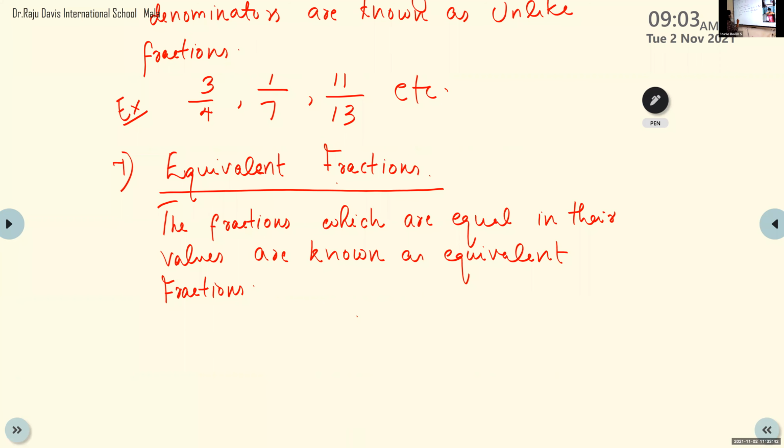To find an equivalent fraction, multiply opposite, like 1 by 2 into 2, 2 by 4.